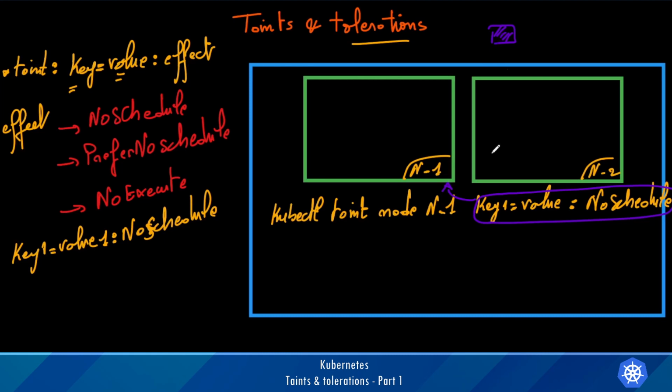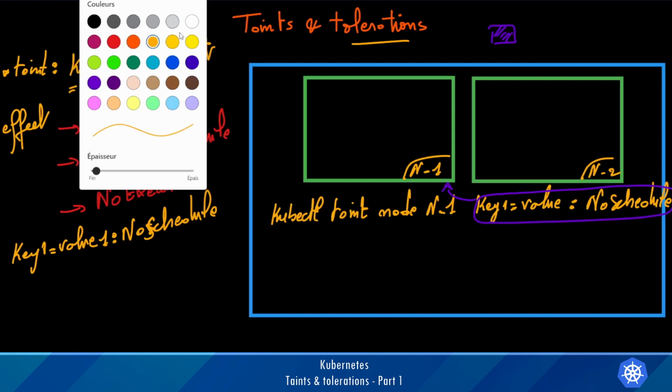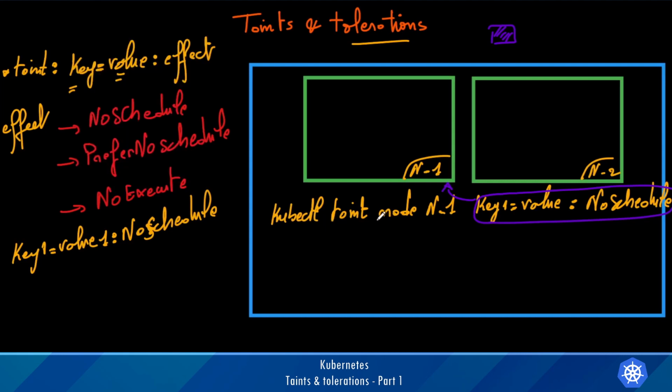But if it tolerates this taint, it can be scheduled either on the first worker node or on the second worker node. So tolerations allow a pod to be scheduled on a node, but don't guarantee that the pod will be scheduled on this node.